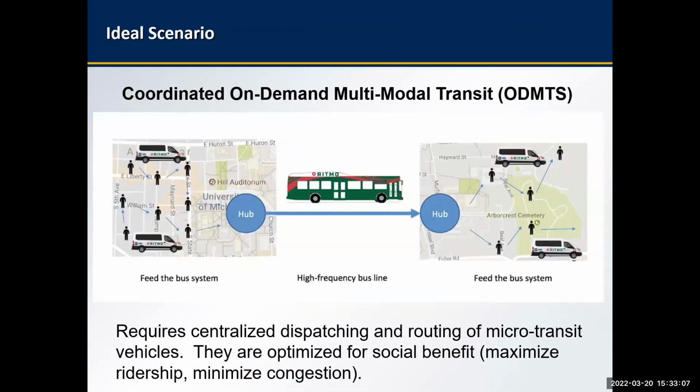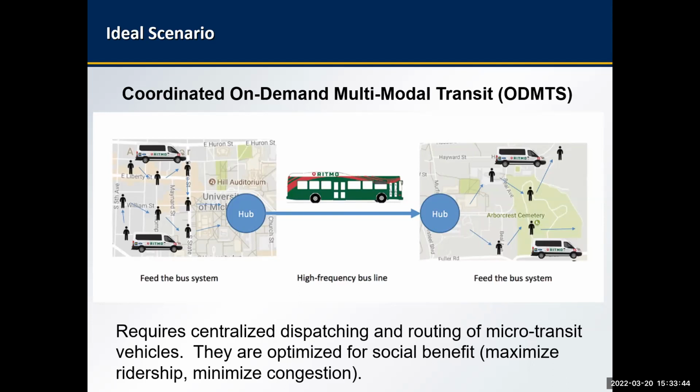To start with, ideally, we expect that most of the urban areas are being well served by the transit. In low density areas where the transit service is infrequent or unreliable, the ODMTS services are combined with high density transit corridors.